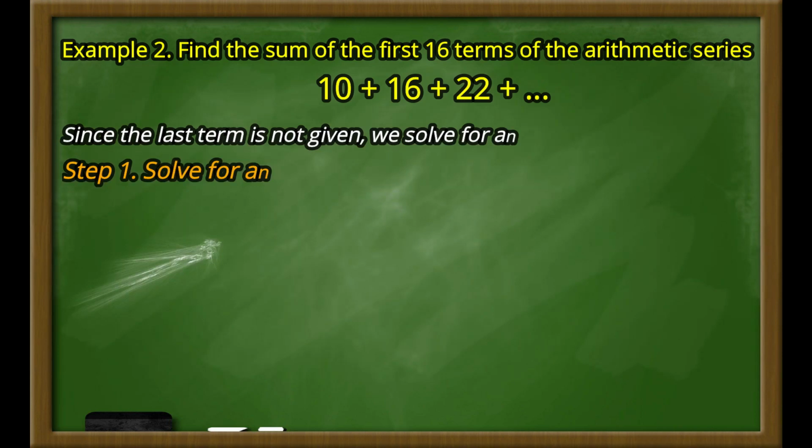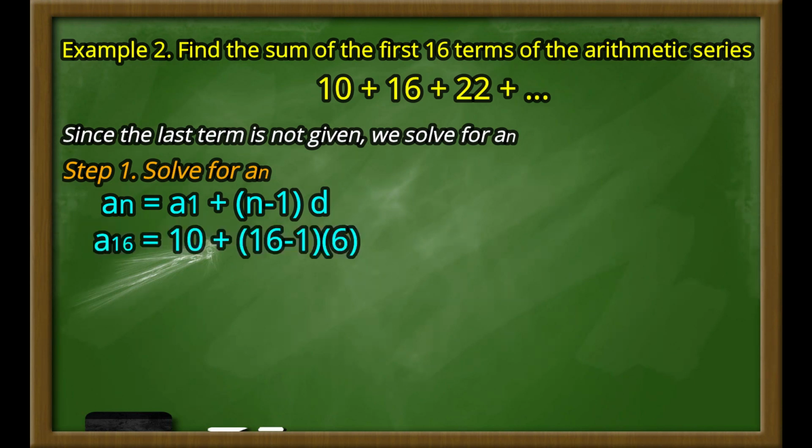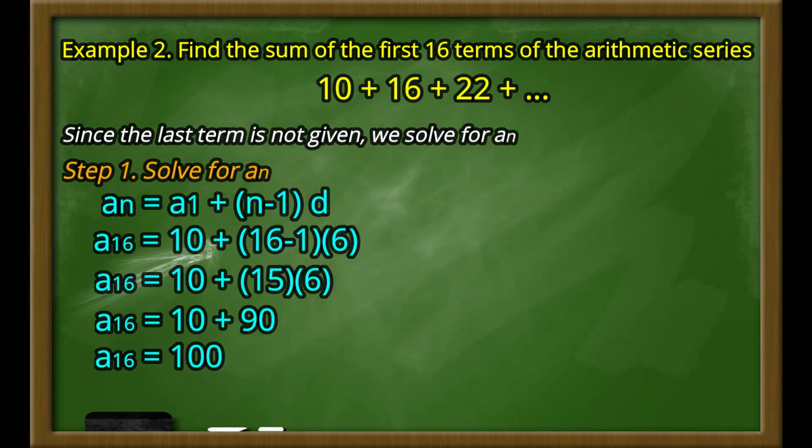Given that A sub 1 is 10, n is equal to 16, and the common difference is 6, we'll have A sub 16 is equal to 10 plus the quantity 16 minus 1 times 6. Solving further, we have A sub 16 is equal to 100.